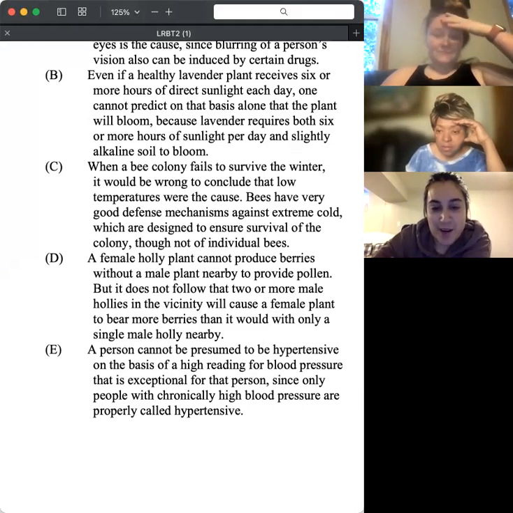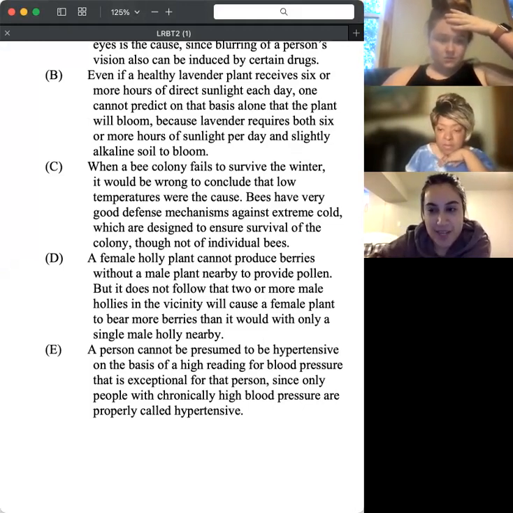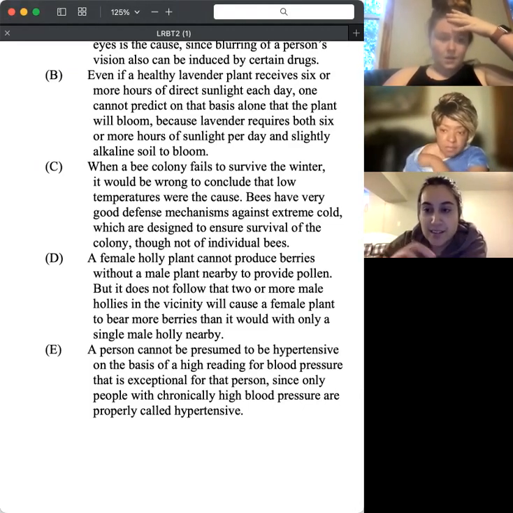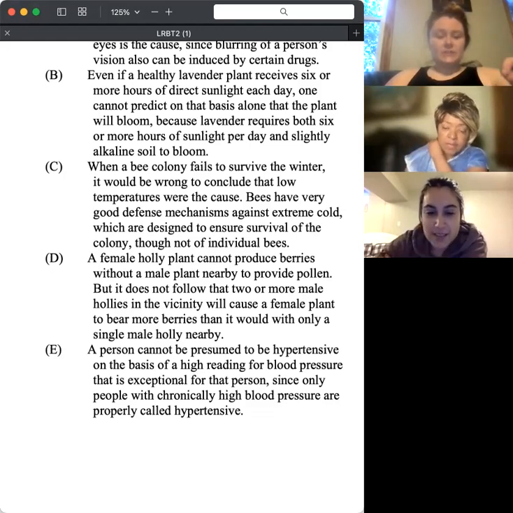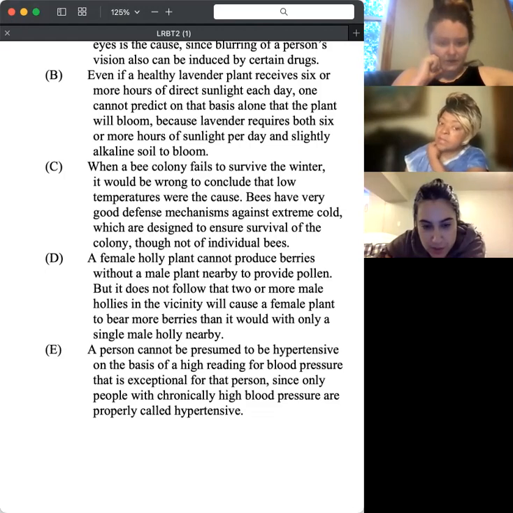But the first part, that it is exceptional for that person, is different from our argument. Ours was saying you can't say this just because it's not there. And this one's saying a person cannot be presumed to have hypertension on the basis of a high reading for blood pressure that's exceptional for that person.